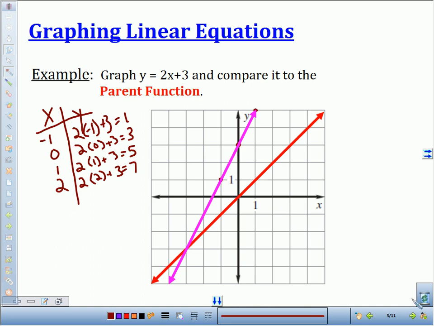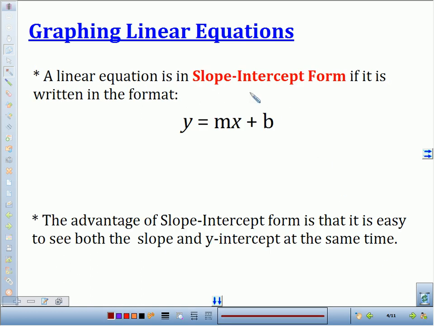Now, we want to graph an equation, and we want to do that as easily as possible. Most of the time, when we get an equation of a line, it will be in slope-intercept form. An equation written in slope-intercept form is y equals mx plus b. This is something you might have seen before, and you will see it again.